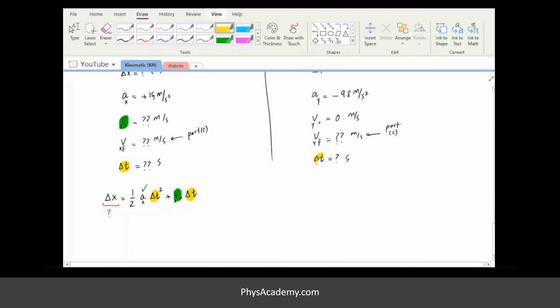For delta t, we can go to the y-axis column and calculate it using y-axis parameters. Since we need to know what delta t squared is and delta t is, I will keep both of them here.